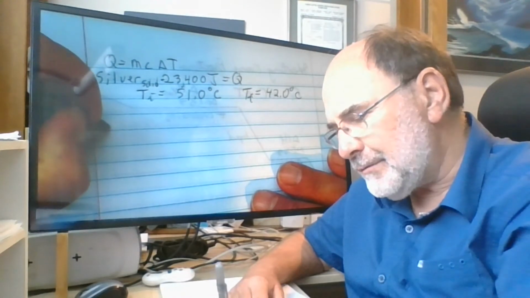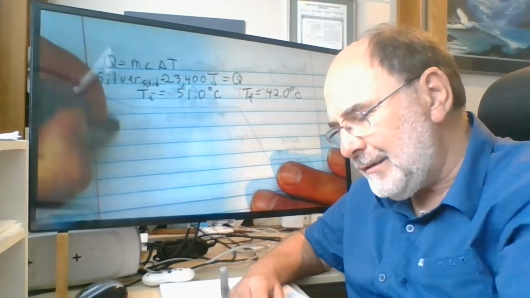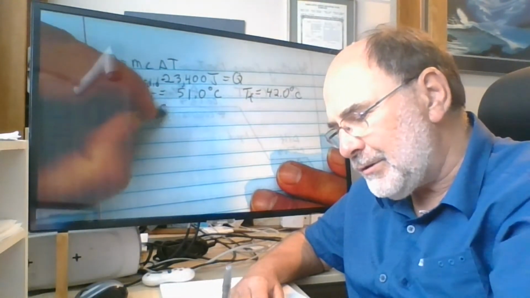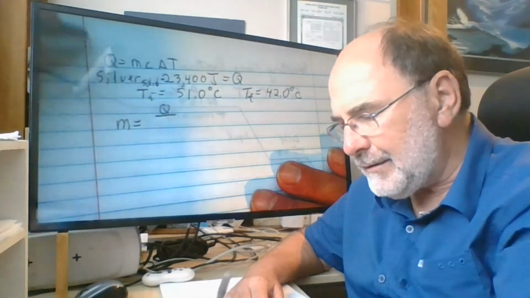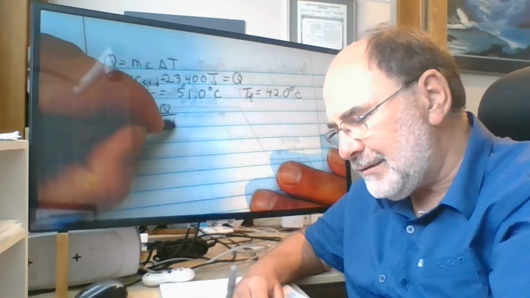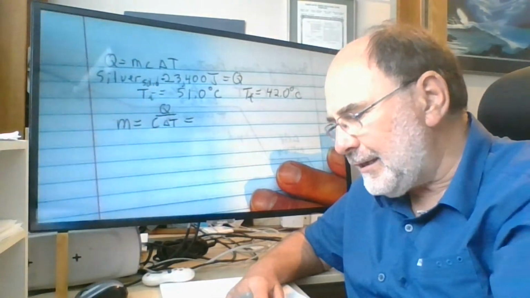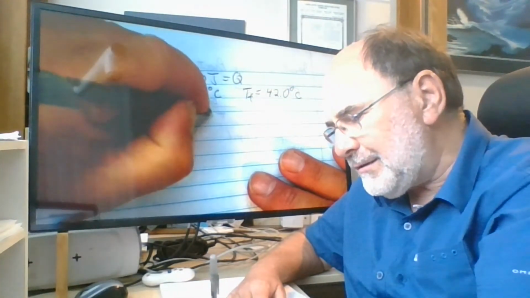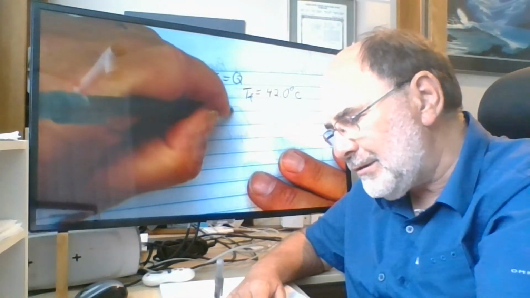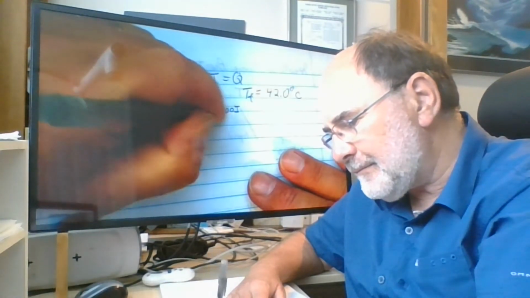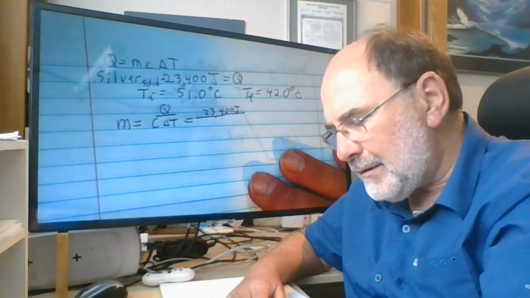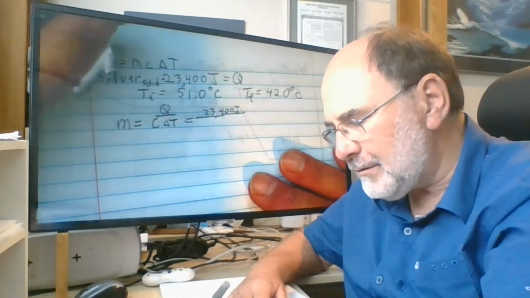Okay, well, Q equals mc delta T. M is therefore equal to Q divided by c delta T. In this case, it's going to be 23,400 joules. I guess I could put negative if I want.